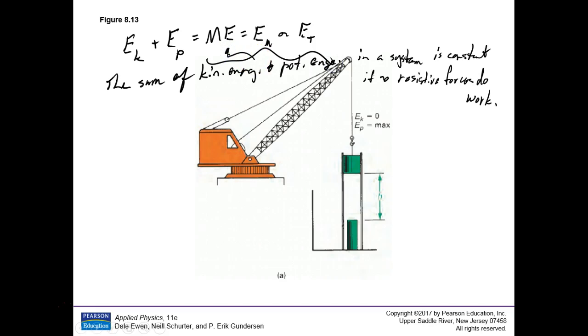Other way to say this, mechanical energy is conserved as long as there's no external resistive forces, okay? Now, in reality, there's always resistive forces, but if they're negligible, you can usually eliminate that, okay? Now, what was the formula for your E sub P?